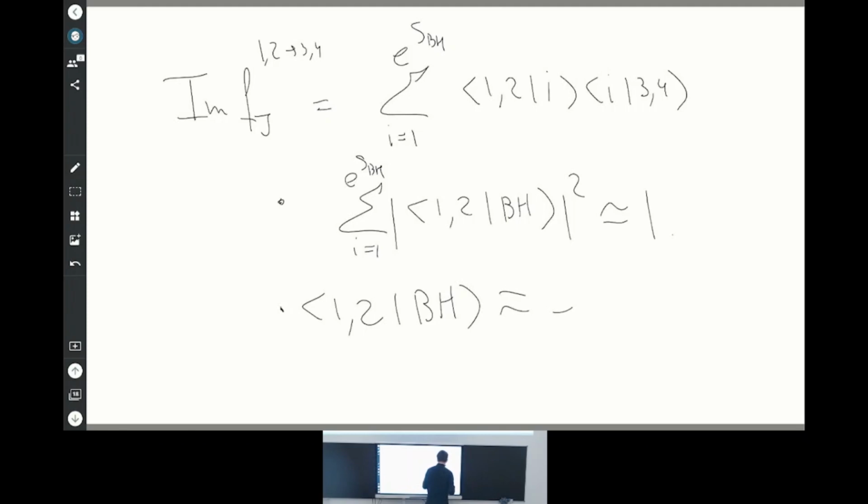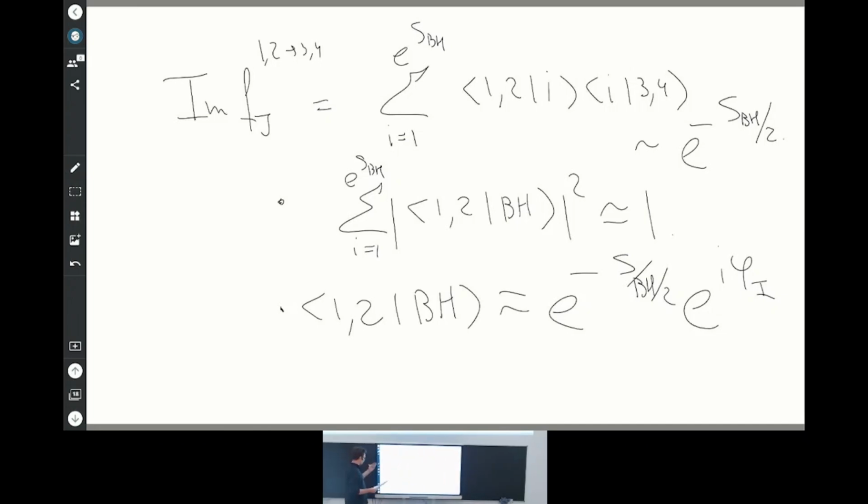It has some chaotic phase. So it's roughly e to the minus S black hole over 2 times a random phase. So clearly, if you take an absolute value, e to the minus S black hole over 2, this sum is correct. But now you plug this formula here. You have e to the minus S black hole, you sum over e to the S black hole, but you have random phases. So you get e to the minus S black hole over 2.